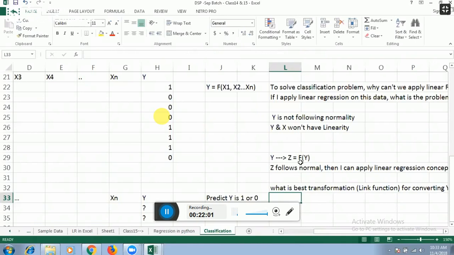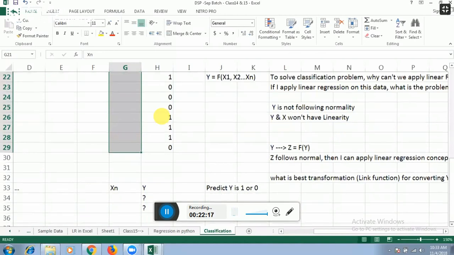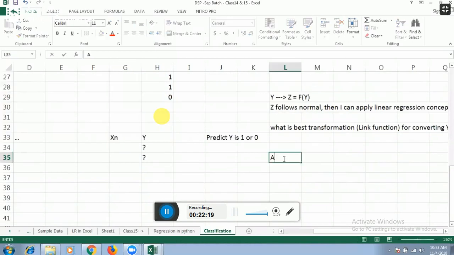Okay, so now coming to the other point. Suppose you have a y variable and some x variable. The x variable is age, and y is, for example, churn.